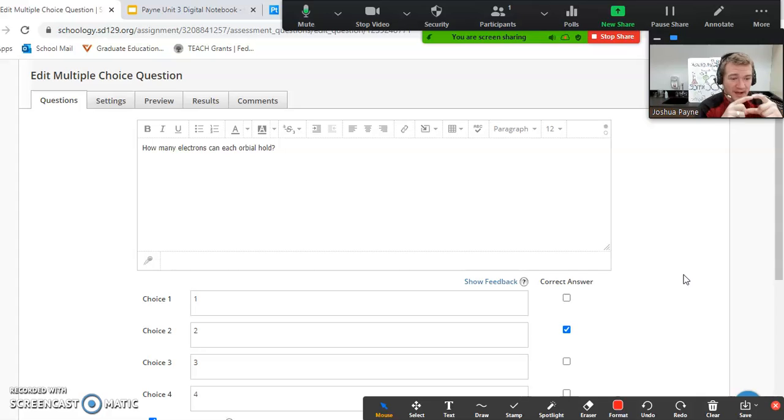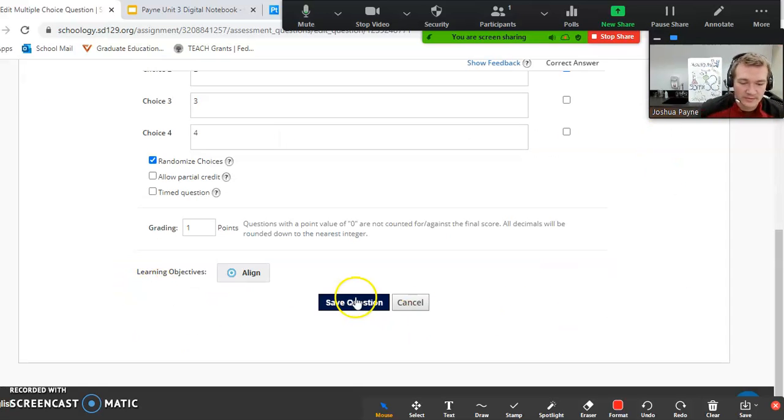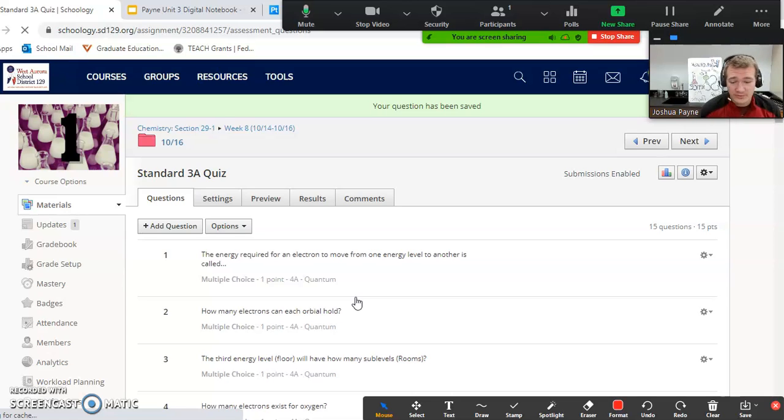Our orbitals are those little boxes, and we have never put more than 2 electrons in each box or in each bunk bed. They're only ever going to be 2, and they're only ever going to be facing different directions, one arrow pointing up and one arrow pointing down. So that would be 2. Whenever we do an orbital diagram, in an orbital, we only ever put 2 electrons.